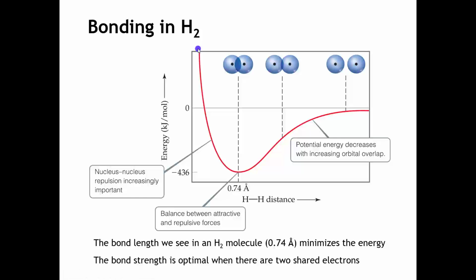The reason for that is largely the repulsions between the nuclei, which are getting too close to each other. You might say, what about the repulsions between the electrons? That's also built into the system, but ultimately that's what's going to limit us to putting only two electrons in a bond. Okay, because electrons are kind of special. They have quantum mechanical properties. They behave in ways that are not altogether intuitive. So we'll see that this bonding is optimal when we have two electrons in the bond.